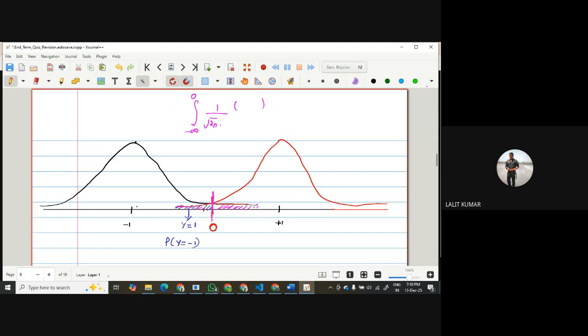If I want to calculate the other value, both are equal, but it will be 1 minus the integral from 0 to plus infinity, and here I will use minus 1, with 1 by root 2 pi e to the power of minus 1 by 2 (x plus 2) whole square. You can use this also, but I use the z table like here.